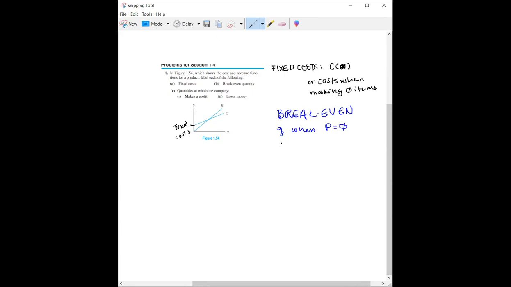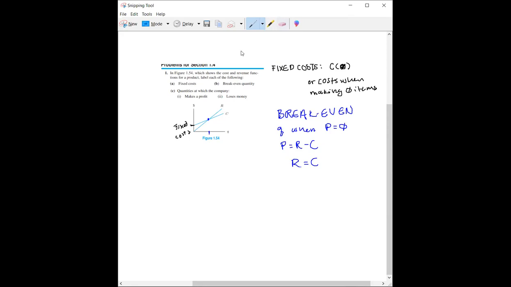If we break profit down into profit is equal to revenue minus costs, then to have 0 profit, our revenue must equal our costs, correct? Yes. So where would that point be on this line? Intercept of R and C. Exactly. So that's our break-even point, and this is that Q when we do break even.